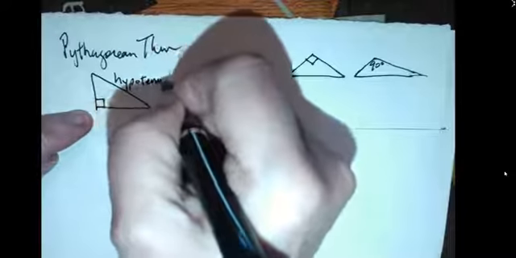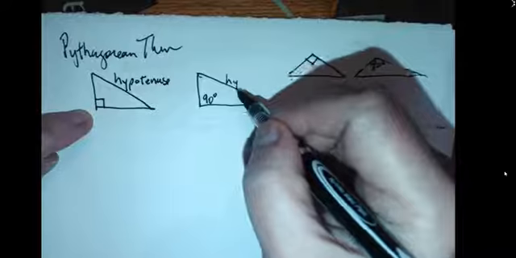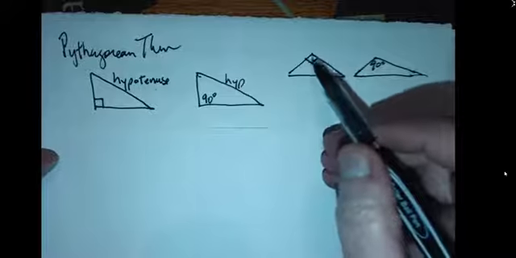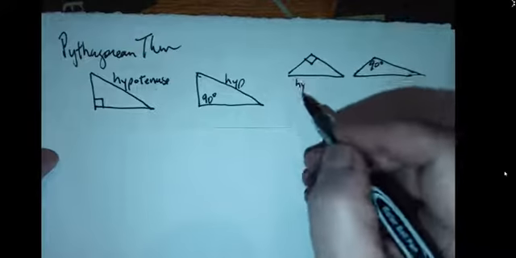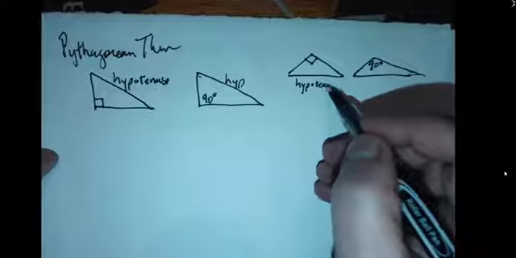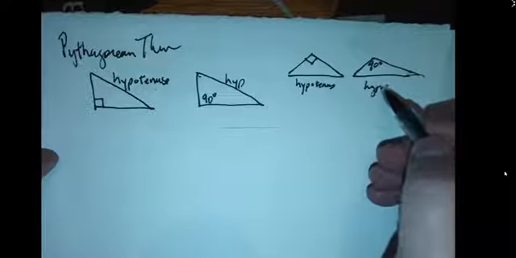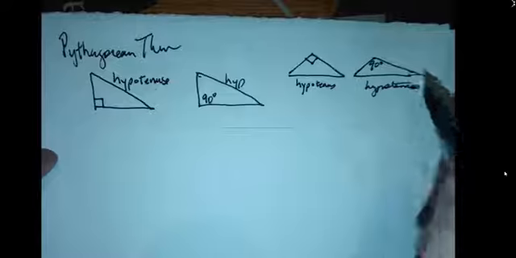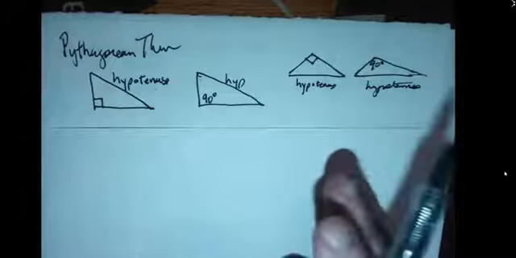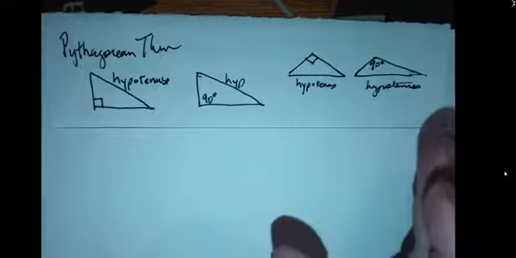So here, the hypotenuse is this side. And then the other two sides, we just call them leg 1 and leg 2.